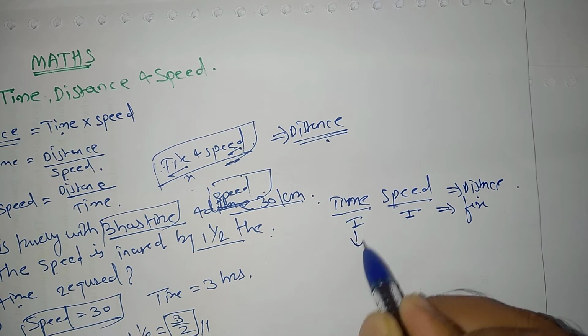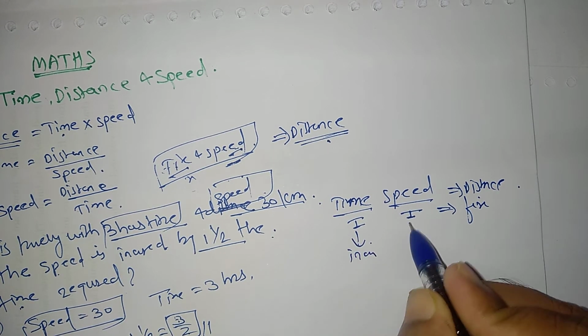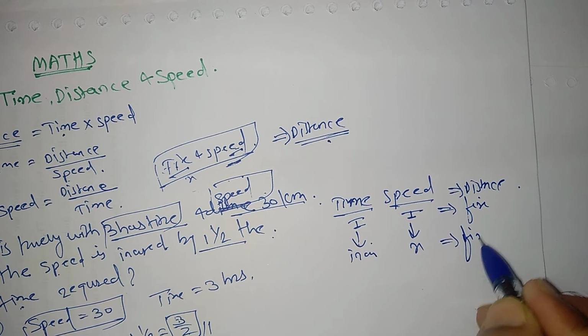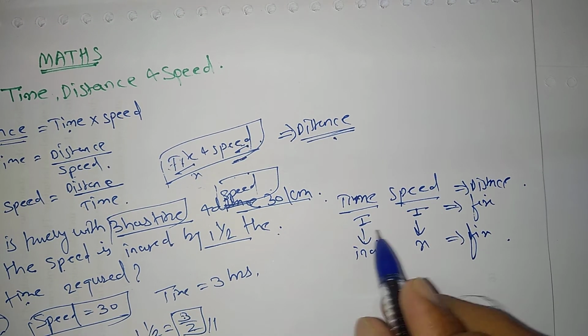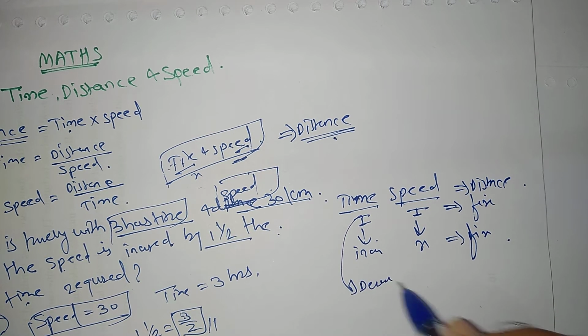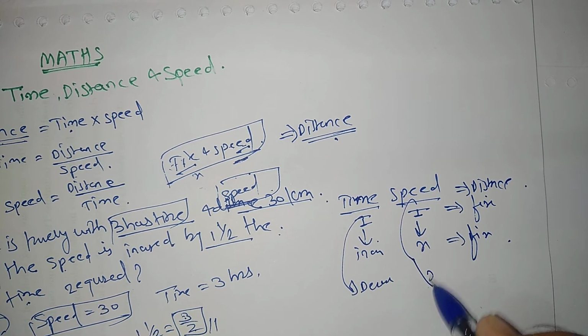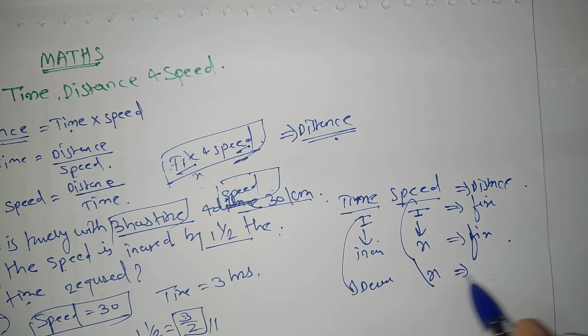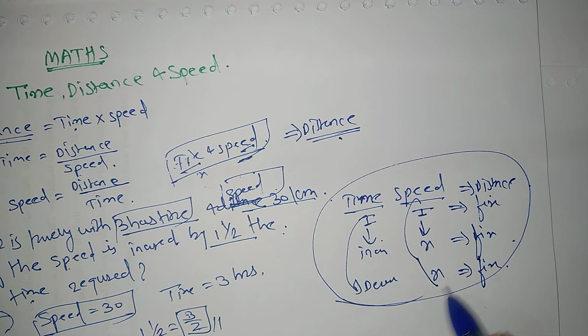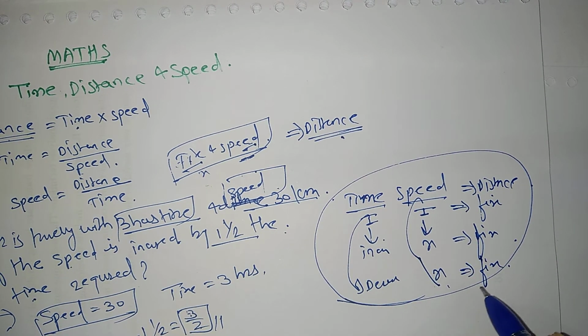If the time increases, they will ask what happens, and distance is fixed. This is one type. In the other type, they can decrease the time and ask what the value is when it decreases, and distance is fixed. These are different parameters. They may ask you different problem statements.